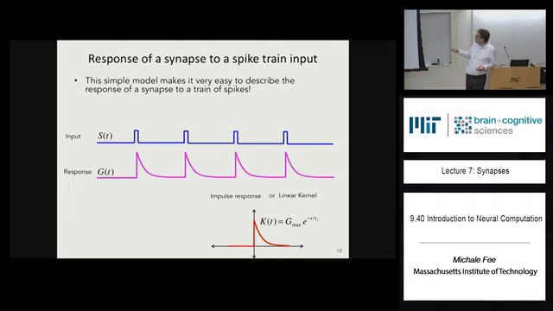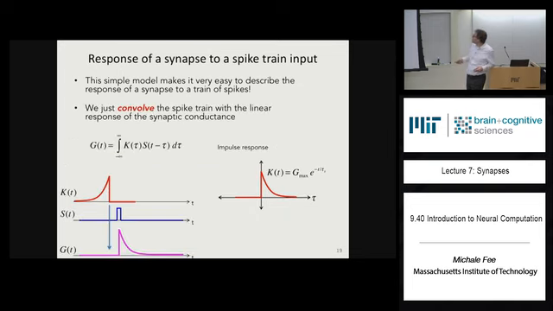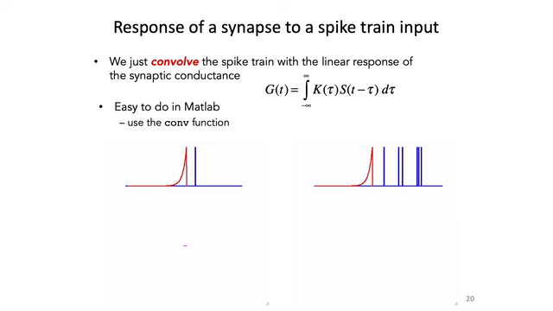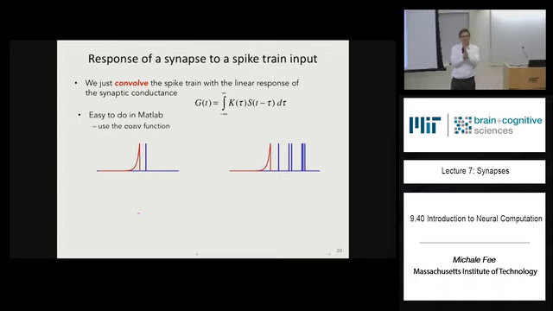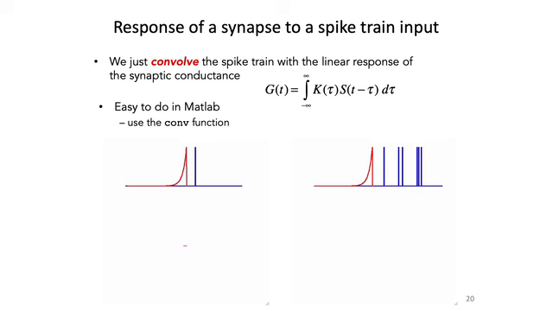It's just one of those little exponentials for every spike that comes in, but it's less obvious when you have a complex spike train like this. Yeah, the linear convolution tells you how the postsynaptic neuron is going to respond to a train of action potentials that are overlapped, where the response has not gone away to the first spike by the time the second spike arrives.